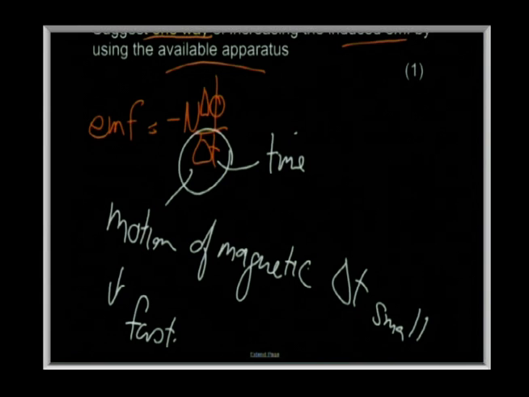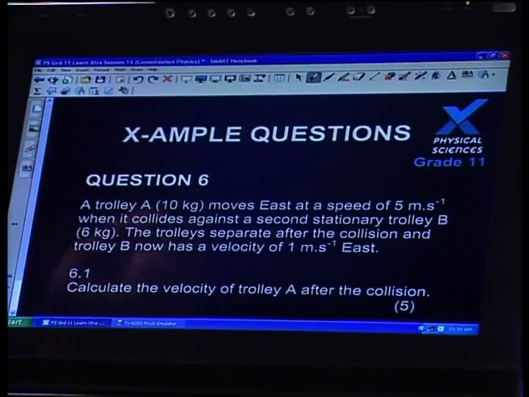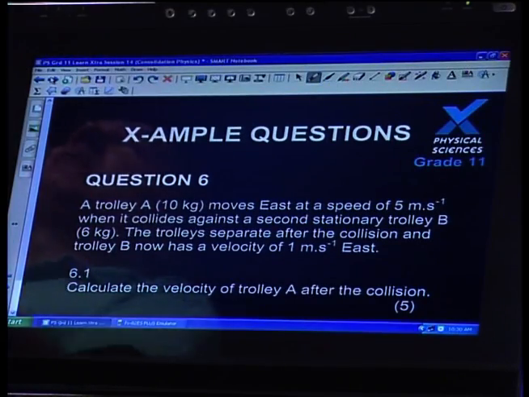If you move the magnet backwards and forwards very quickly, you're changing the field very quickly over a small period of time, then you're going to get a bigger EMF being induced. Okay, that was a quick brush up of Faraday's law, but we need to move on.